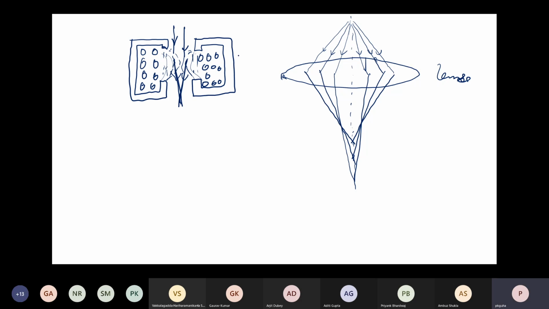So these lines of forces force the electrons to meet at the axis, but they might not meet at the same position. So this particular phenomenon is known as aberration.